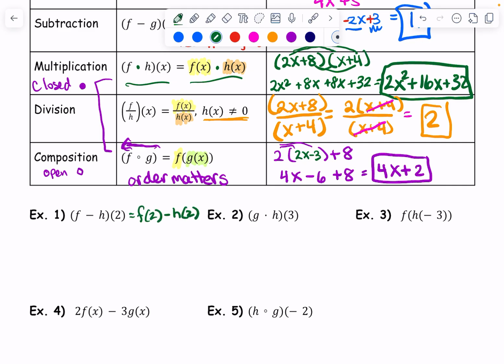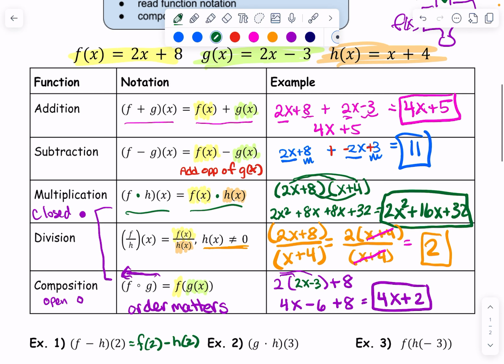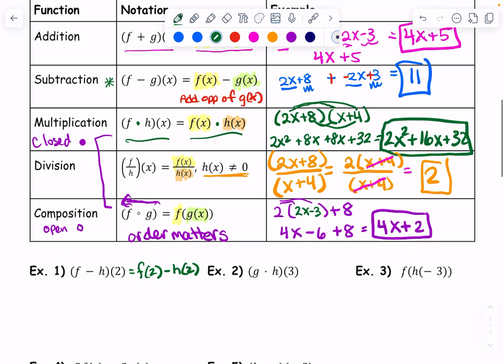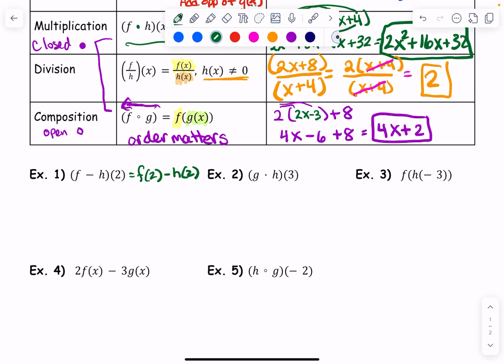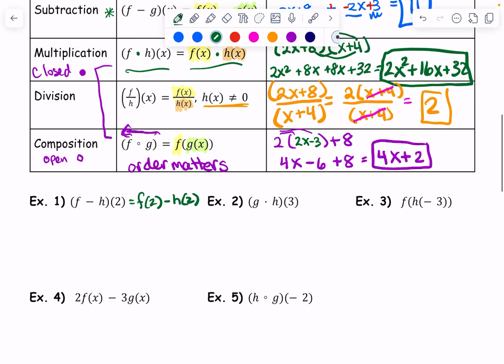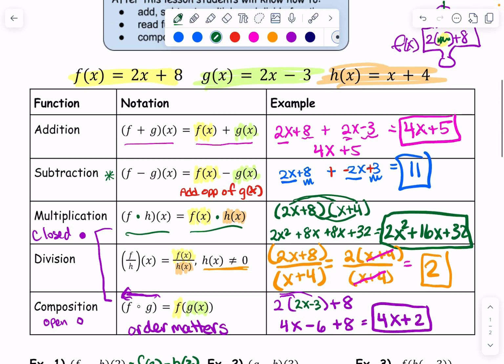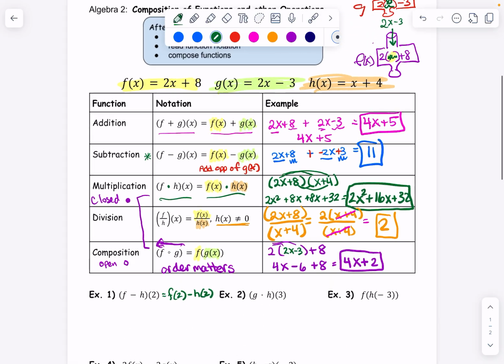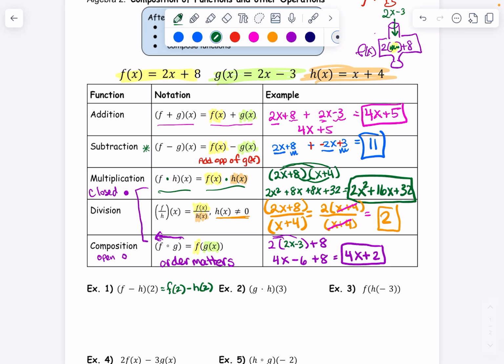It really doesn't matter which one you do, and that's why this notation up here means the same thing, okay? So let's just do f minus h of 2. So f is 2x minus 8. So we have 2x minus 8 minus h, which is x plus 4.